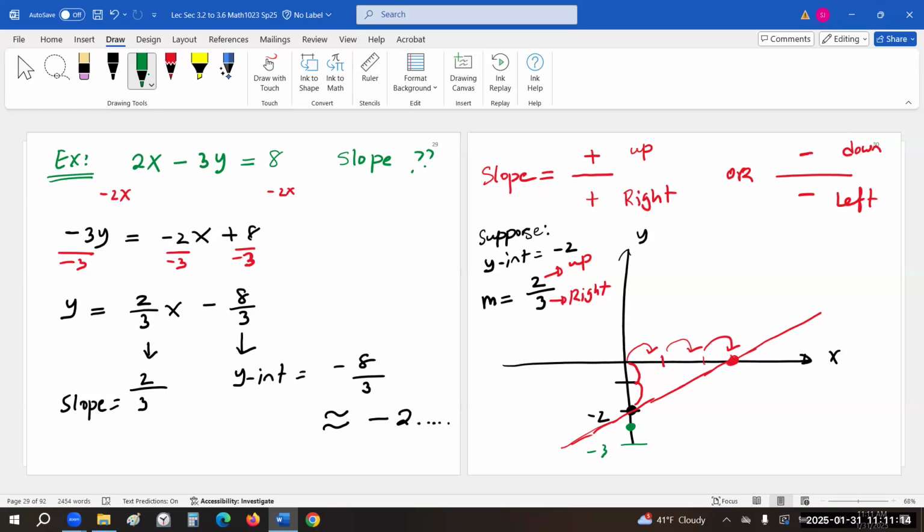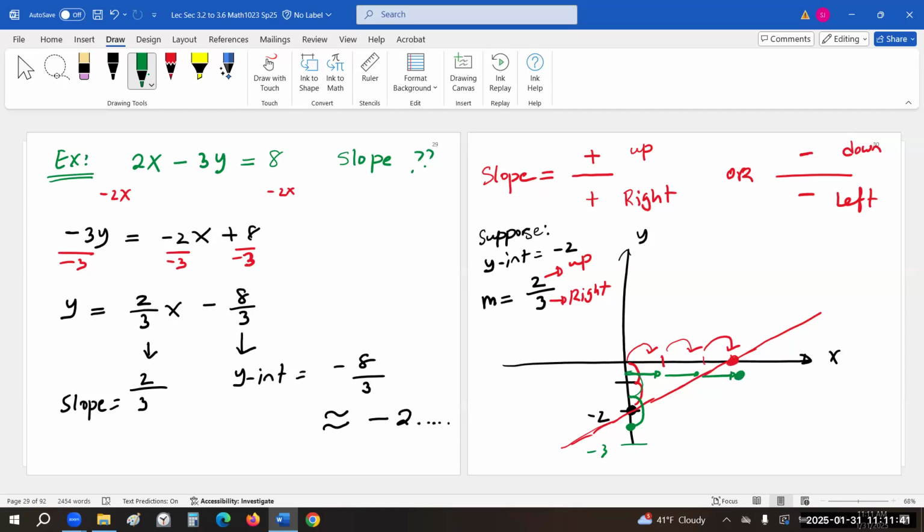We have to have the exact same length. From here to here is 1, from here to here is 1. So it's 2 up, somewhere between 0 and negative 1. And from here, we are going to walk 3 to the right: 1 right, 2 right, 3 right.